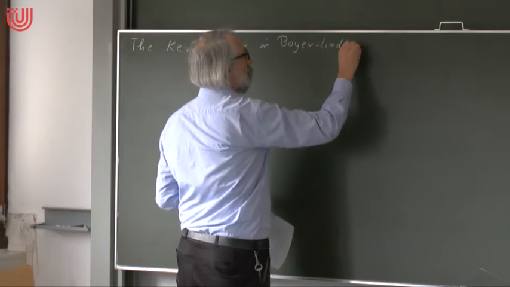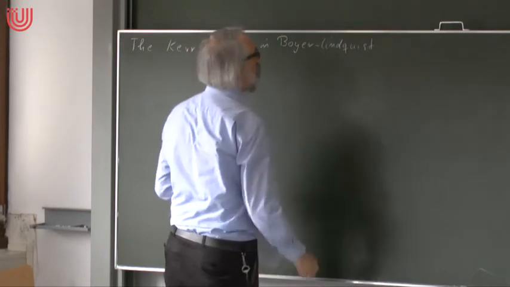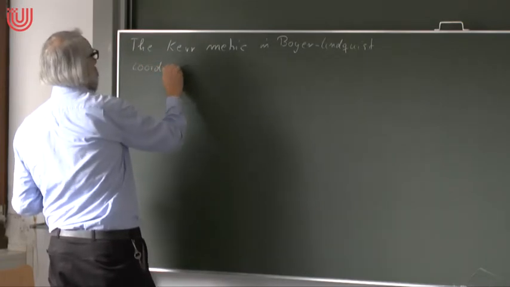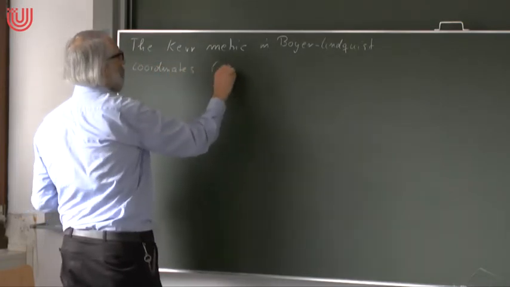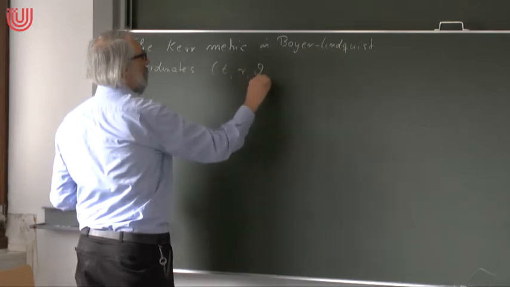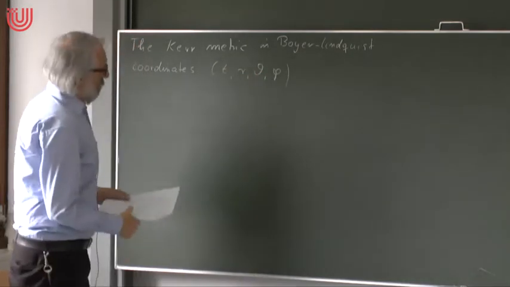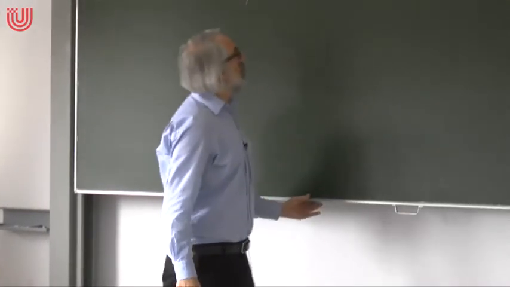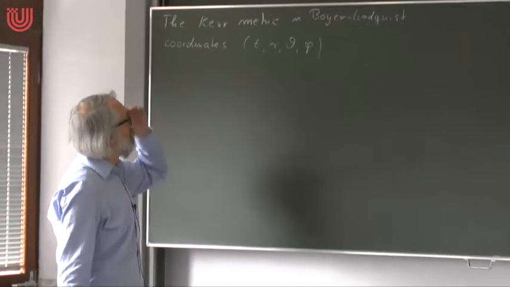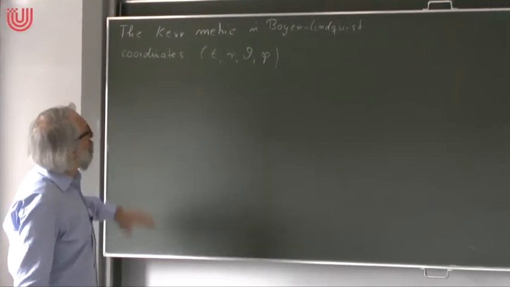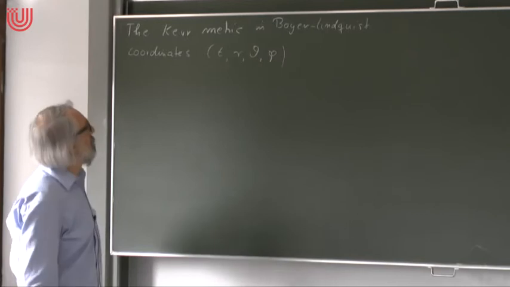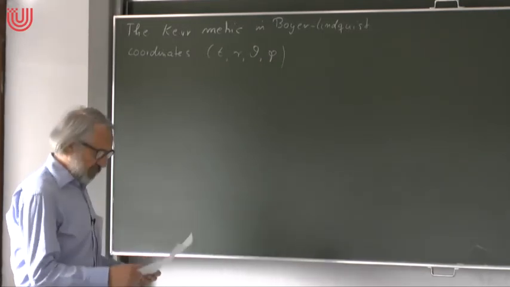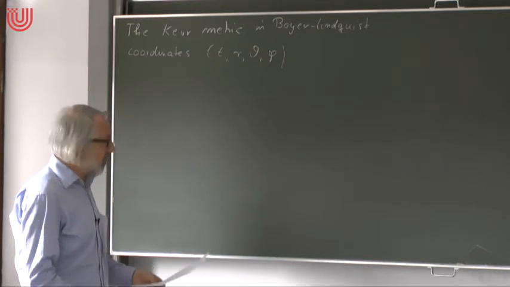I forgot to mention this name last time. They look like ordinary spherical polar coordinates, denoted t, r, theta, and phi, and they are adapted as closely to the symmetry of the spacetime as one can do. So for any calculations related to the symmetry of these spacetimes, this is certainly the best way of writing the metric. For other purposes, other forms might be more appropriate.